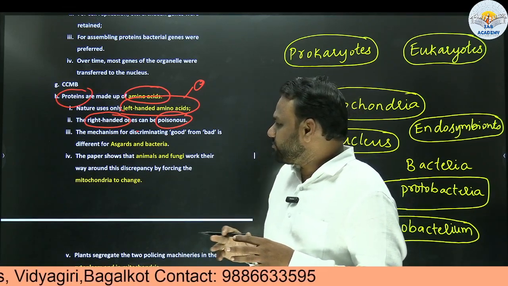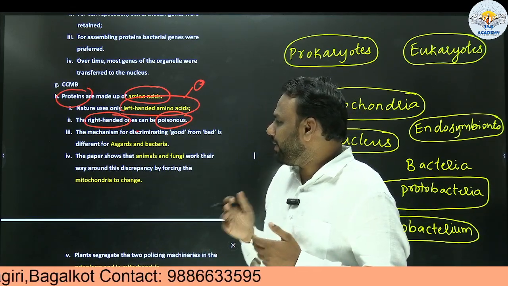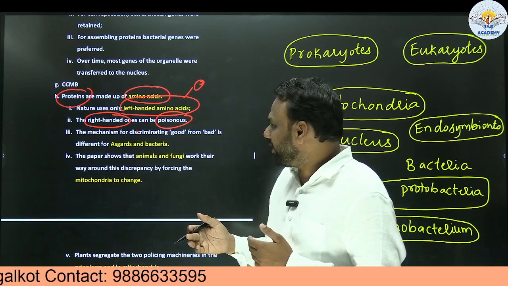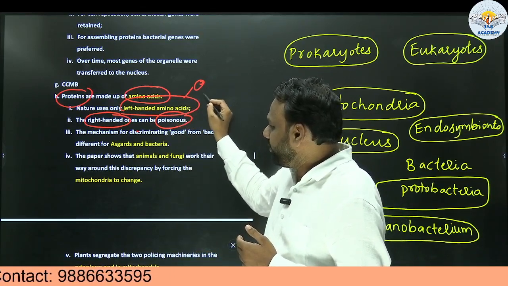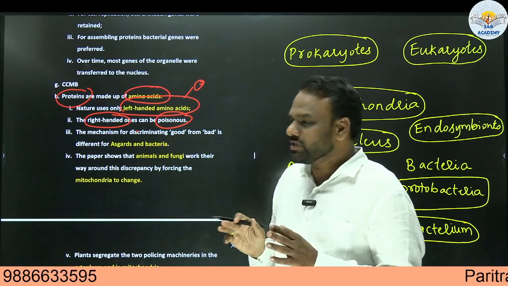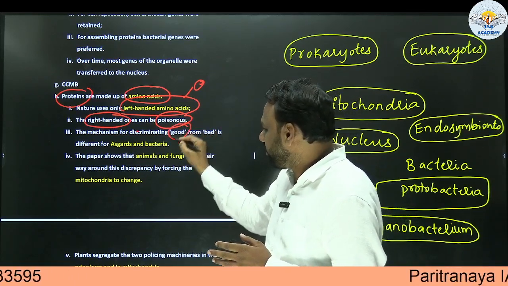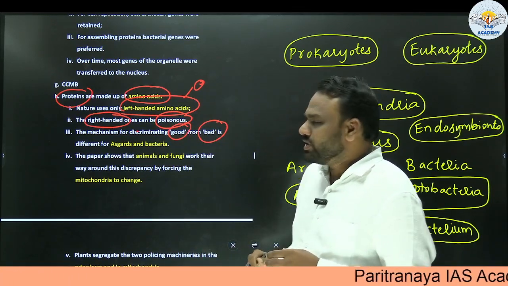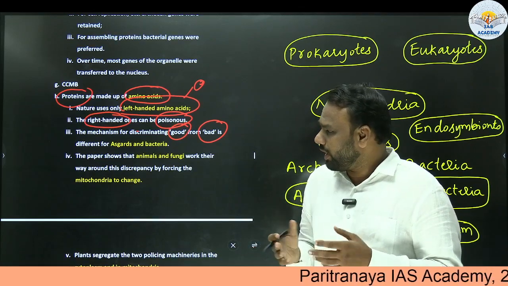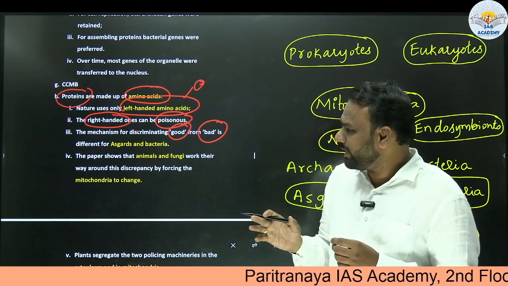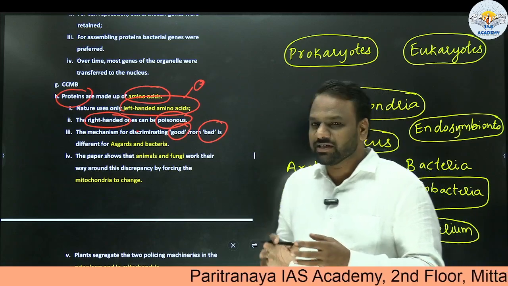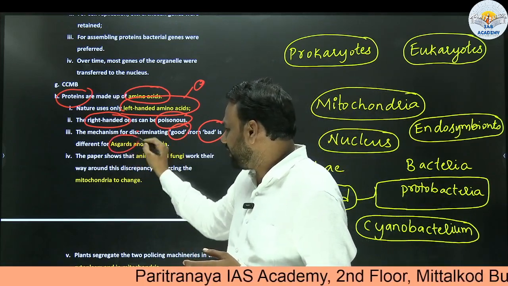Next, any species needs to have a mechanism in order to discriminate between left-handed amino acids and right-handed amino acids, because it wants to separate good amino acids from bad amino acids. How do they discriminate between good and bad? This mechanism is different for Asgards and bacteria.